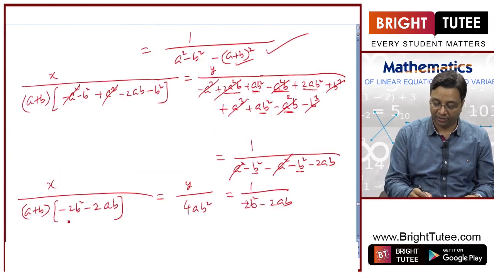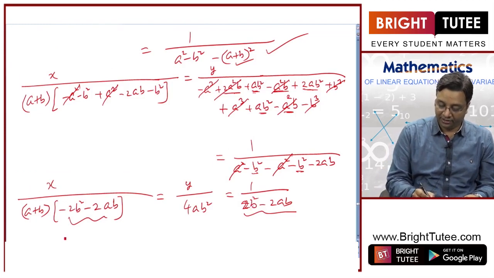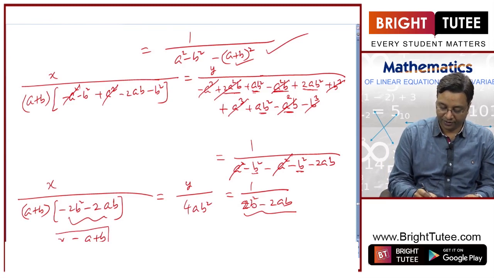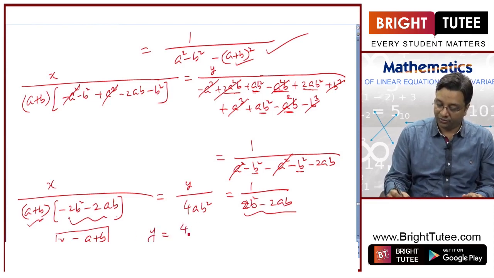You look at the expression, this is something like this, right? This is same like this. So x is simply a plus b. We have got the value of x here, because this will get cancelled and x will be equal to a plus b, but y is equal to 4ab square divided by minus 2b square minus 2ab.